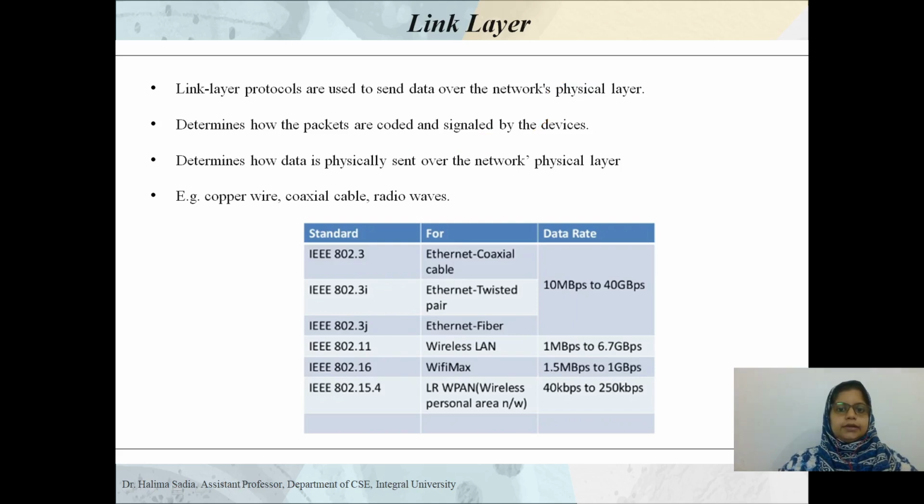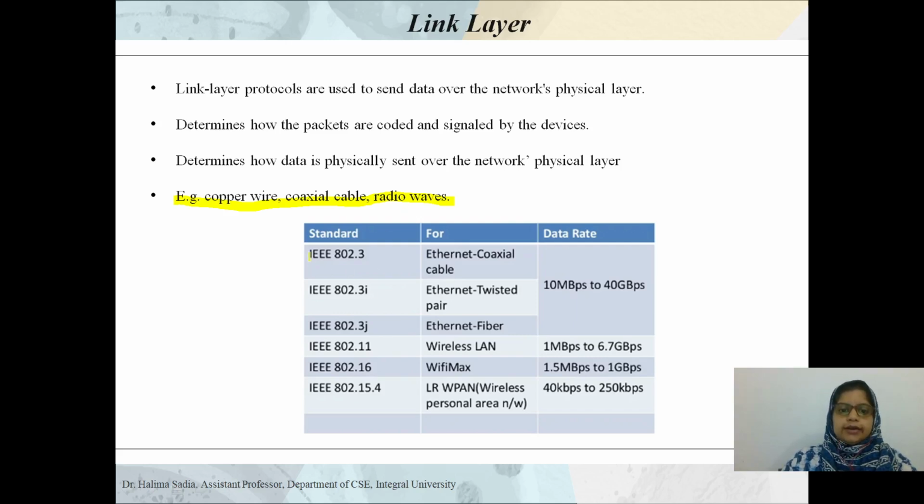It basically determines how the data is physically sent over the network's physical layer. At the physical layer, we have the connectivity cables, copper wire, coaxial cables and radio waves. So it determines how the data is physically transmitted over these mediums and how it is encoded.